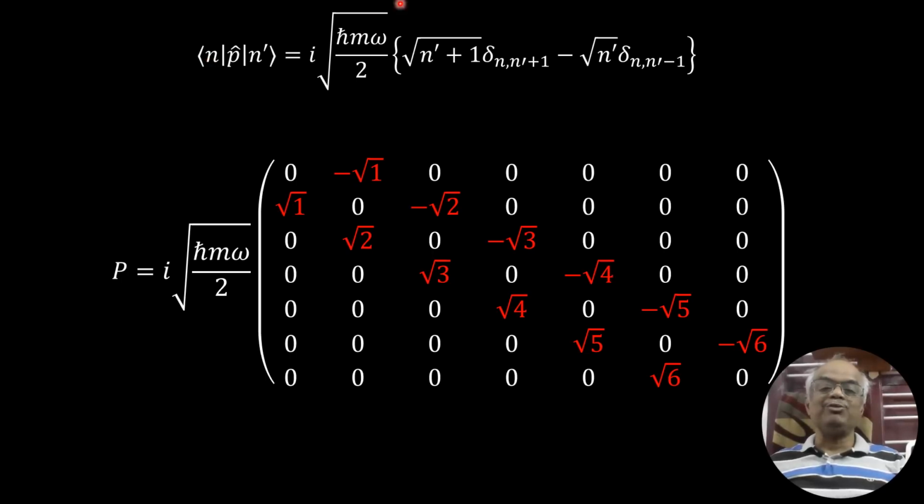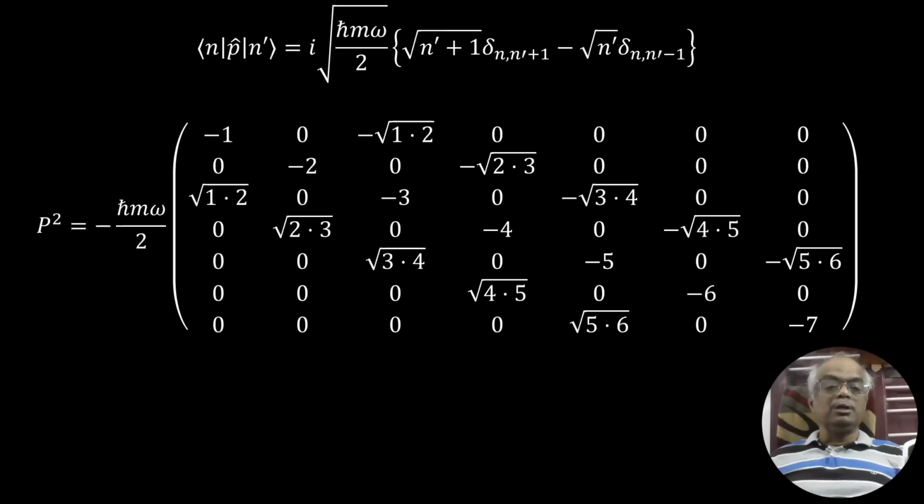So we will see what about the P squared value. From the P matrix, we can find the P squared matrix. If you square the multiplicative factor, i squared will become minus. So this is H cross m omega over 2, and this matrix is similar to the X squared matrix, except these diagonal elements have a negative sign: minus 1, minus 2, minus 3.